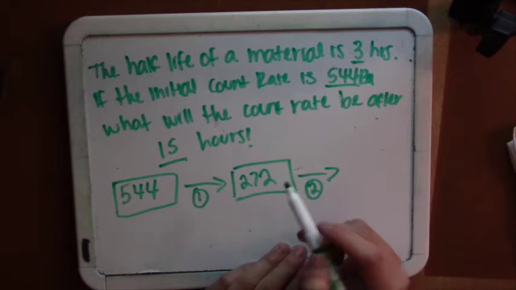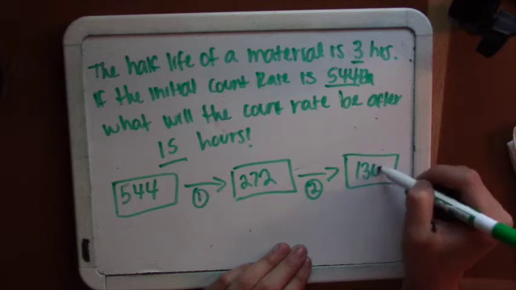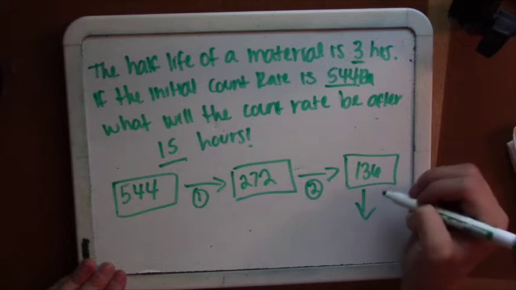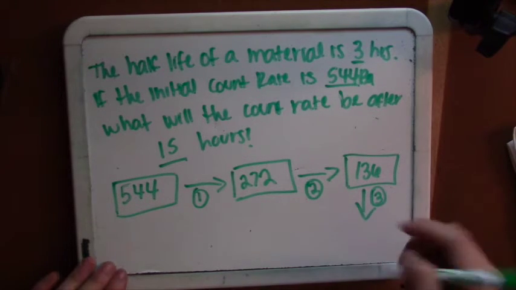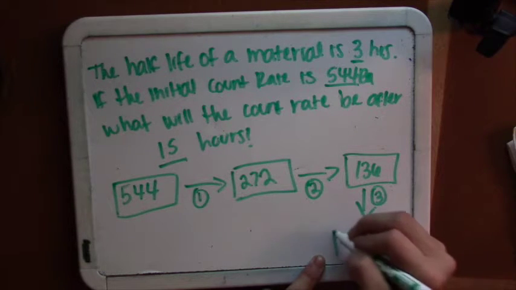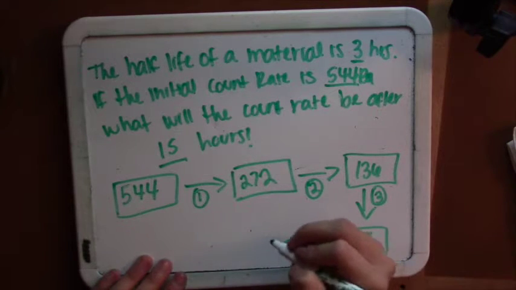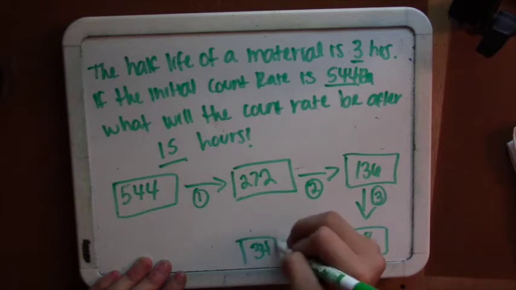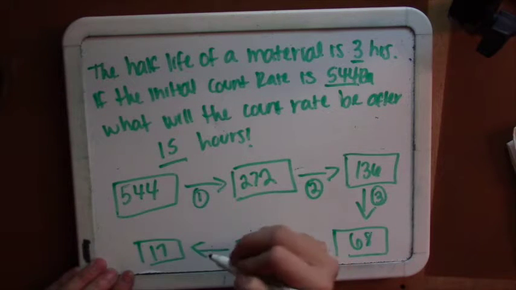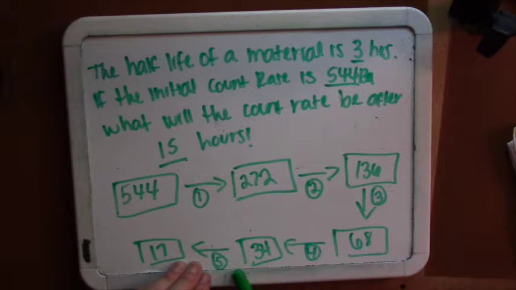Now, you're just going to continue, so 272 divided by 2, 136, and then draw your arrow there, and remember to always add your number to keep track, so 68, and then divided by 2 is 34, divided by 2 is 17, and so we just got to 5 half-lives.